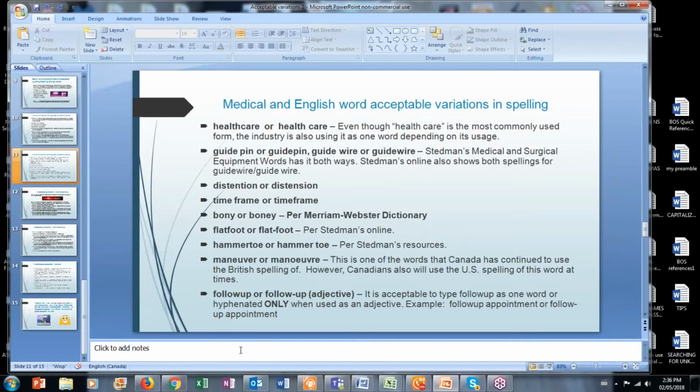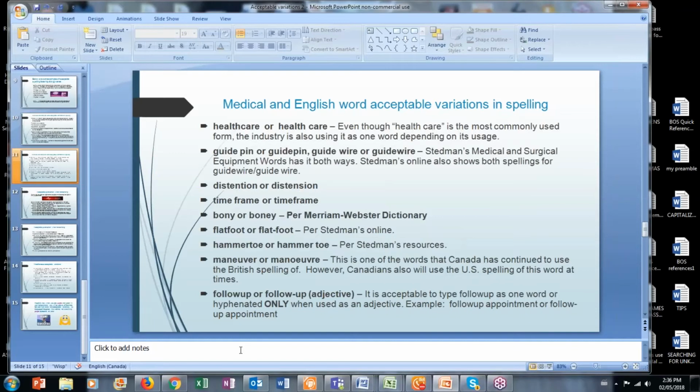If you're using it as a noun, it's always one word. She will be seen in follow-up. That's a noun. That has to be one word. She will have a follow-up appointment. Follow-up is describing what kind of appointment. It's an adjective. It can be hyphenated, or per the book of style now, it's acceptable to type it as one word.